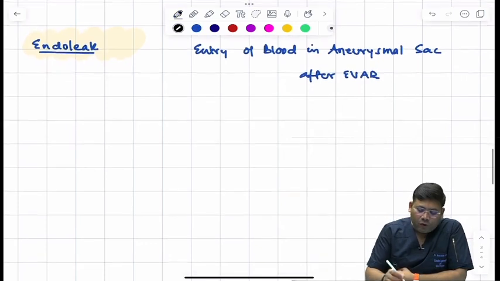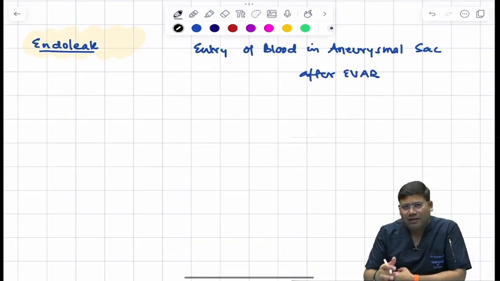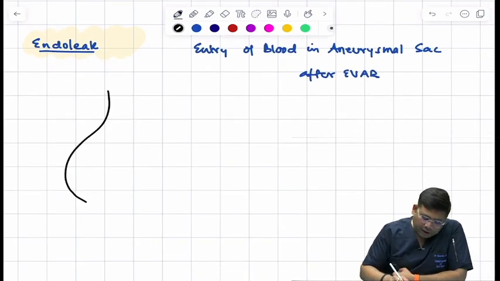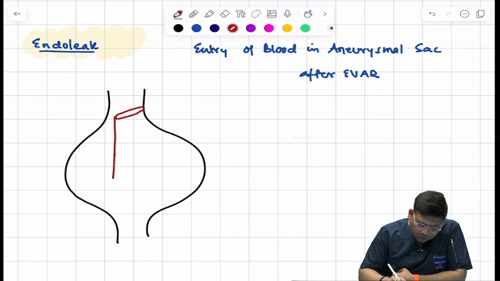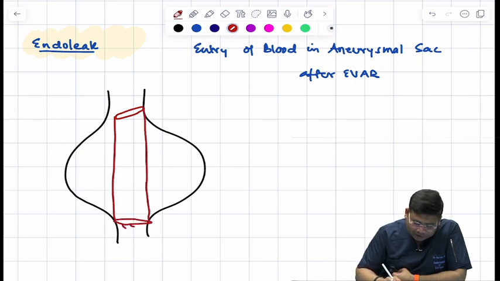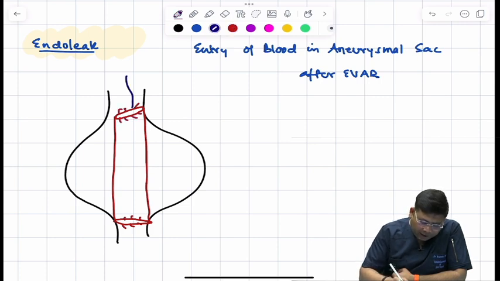Now there are traditionally 4 types of endoleak, though there are 5 as well. So what are the types of endoleak? Try to understand. Suppose you have placed a stent like this. Now you are very happy that you have placed a stent and this is okay. The blood is entering the stent and going out.